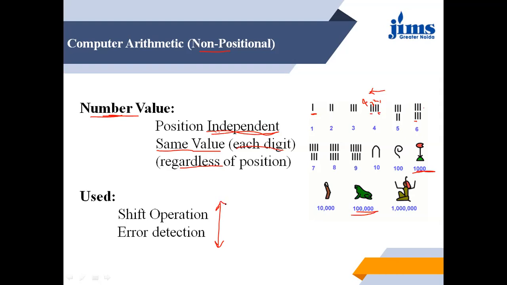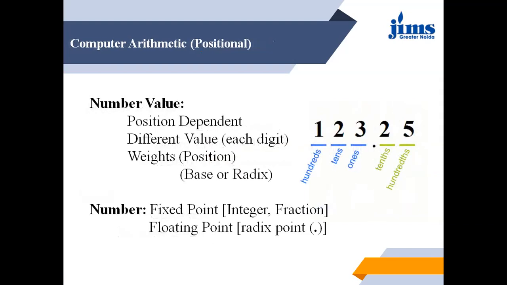So non-positional number systems are used in shift operations as well as error detection. The second type is the positional number system, where the value of a number depends on the position of a digit.